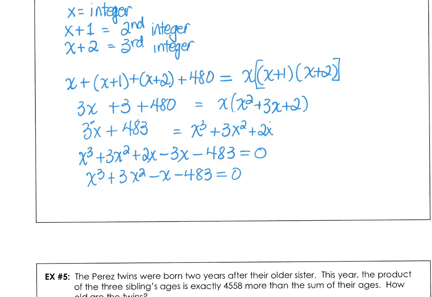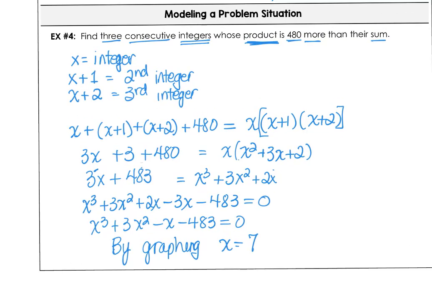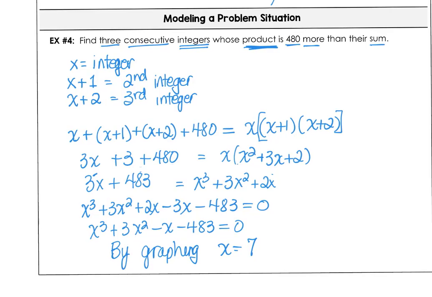And using that zero feature, I found out by the graph that 7 was the zero. So back to the beginning here, if we have x as my integer 7, then x plus 1 is 8, and x plus 2 would be 9. So my answers would be 8 and 9. So let's make a note of that. Our answers are 7, 8, and 9.